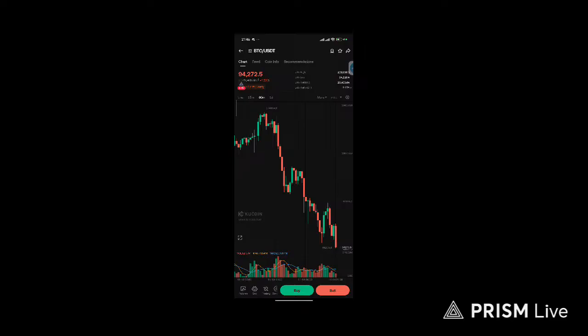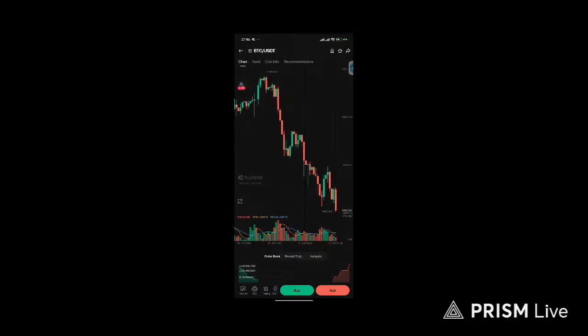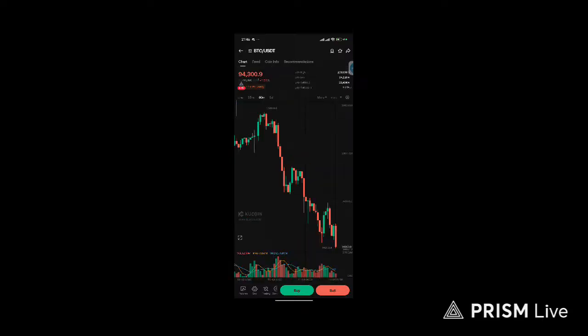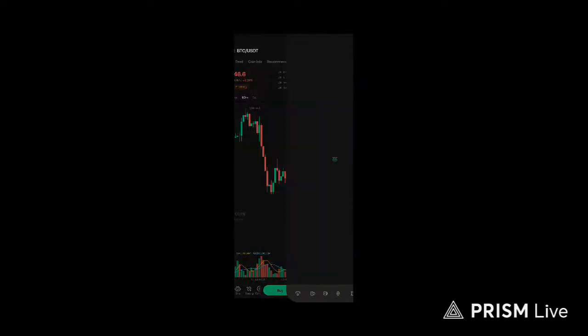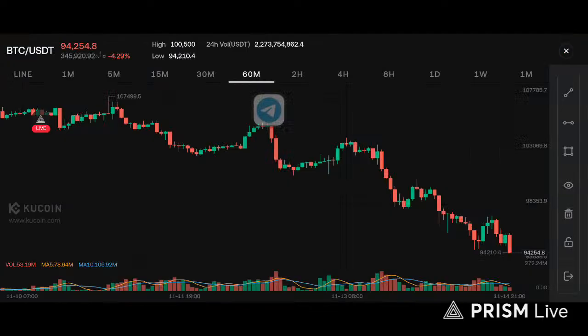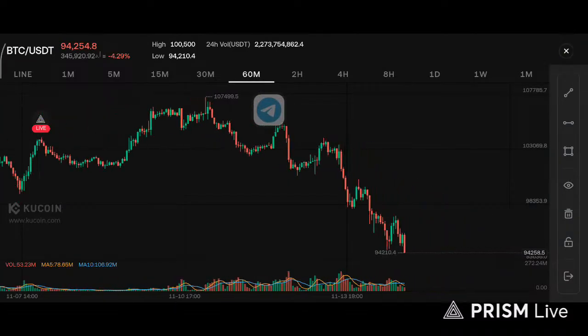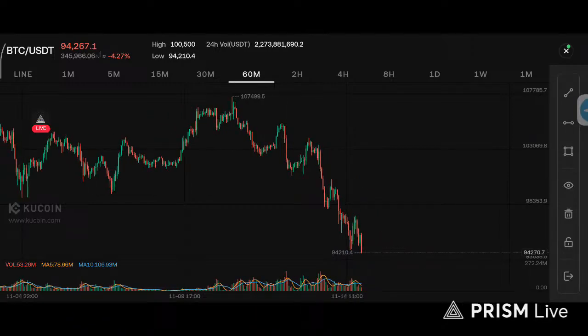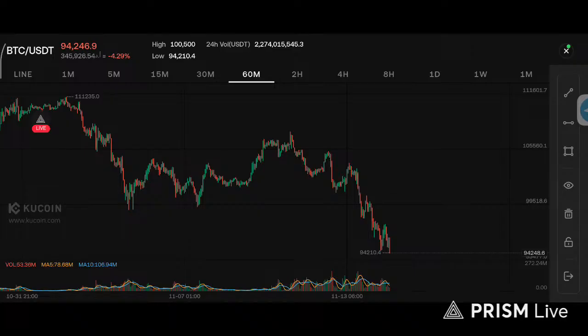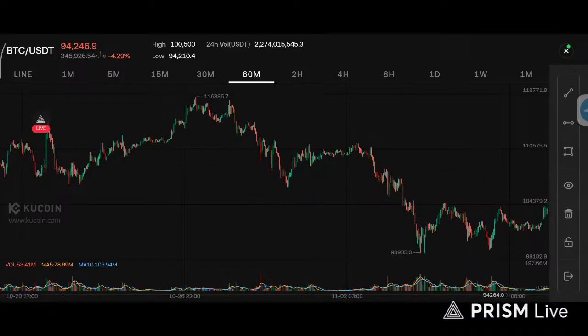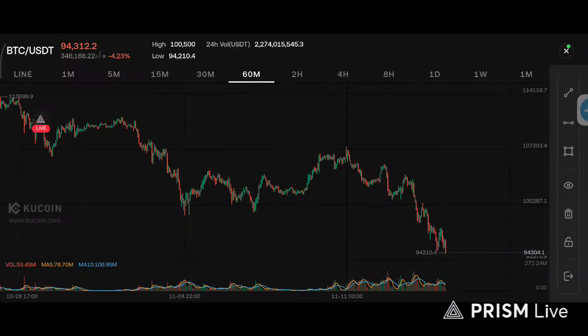BTC is coming down, just as what I told you. BTC is coming down. Okay. And if you want to execute that trade, you can also kindly check your indicators. You can also check your indicators, right?